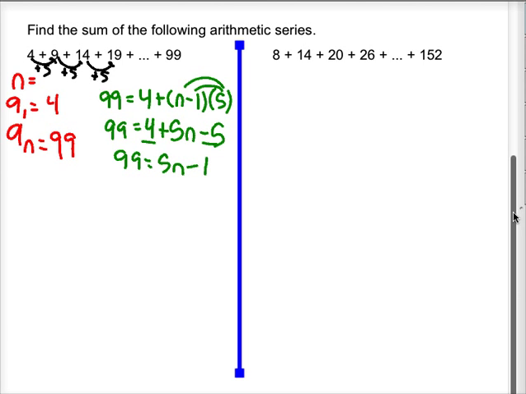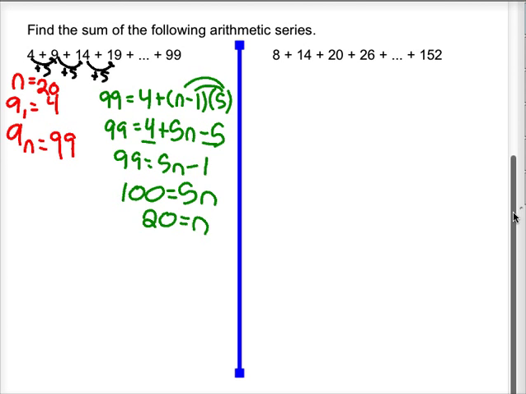And now I just finish solving for n. So I add my 1 over, and I divide by 5. So again, first thing is I need to find n. Well, now I have n. My n is 20.